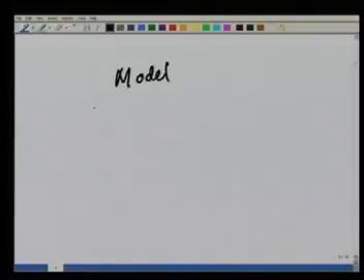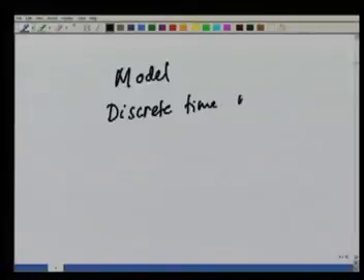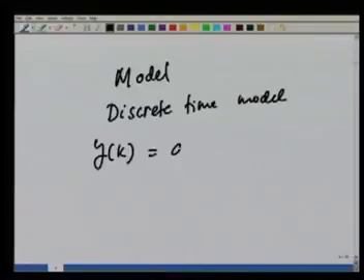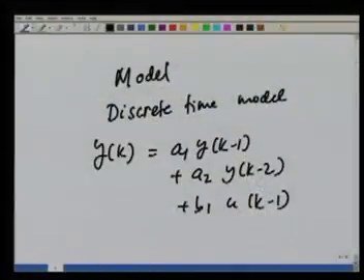Let us talk about a discrete time model. y(k) is a1 y(k-1) plus a2 y(k-2) plus b1 u(k-1), say.